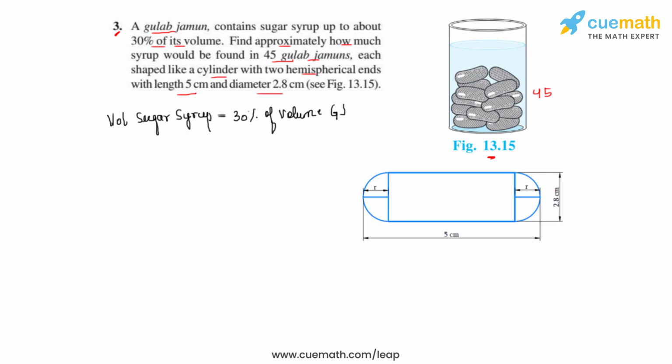So we can draw a gulab jamun like this, which is formed with a cylinder and two hemispherical parts attached to its ends. So now the total length of the gulab jamun is 5 centimeters and the diameter is 2.8 centimeters.